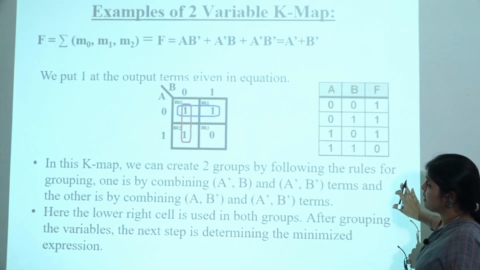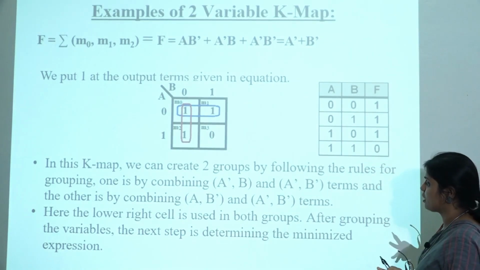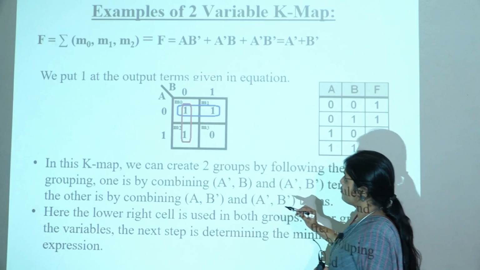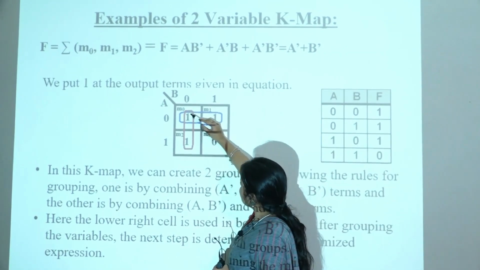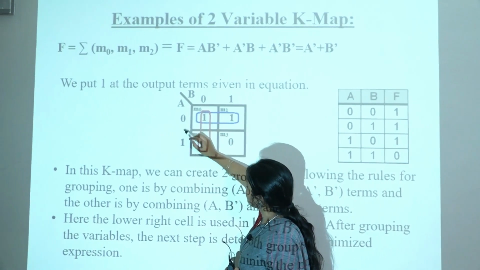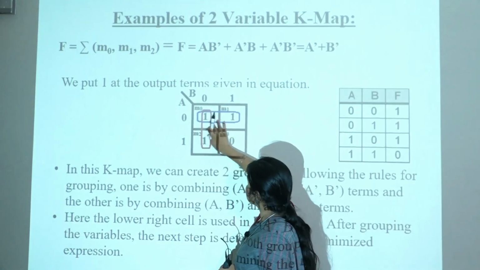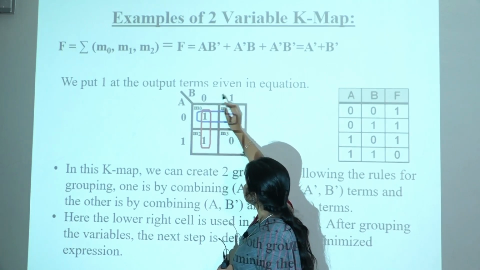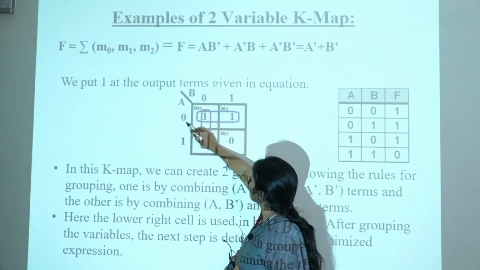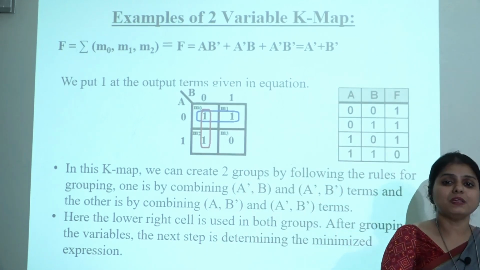One is by combining the terms, or the other is by combining the 2 terms. Now here the expression would be, look at this. When I have these 2 things grouped, I will rule out this and this, so I will have only B bar left. When I group this particular thing, I will leave out this and this, I will have only A bar left. So my expression would be A bar plus B bar.